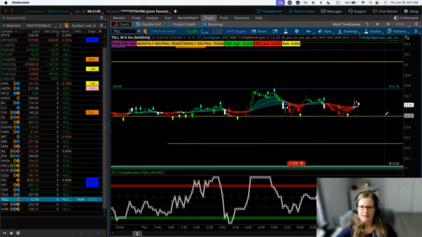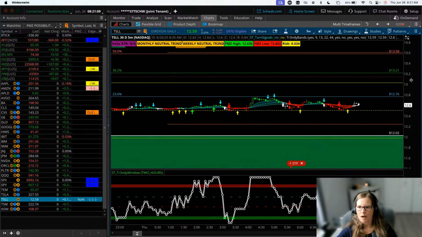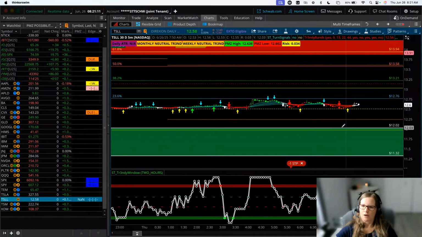And I can give you the day trade plan. But if TSLL pulls back into this green zone, I would be interested in buying the dip here and choosing next Friday's expiration for just a shorter term swing trade there.